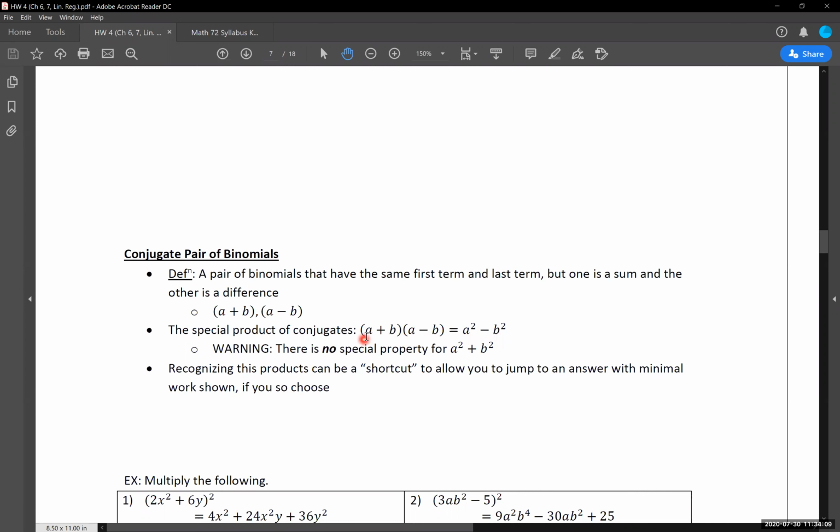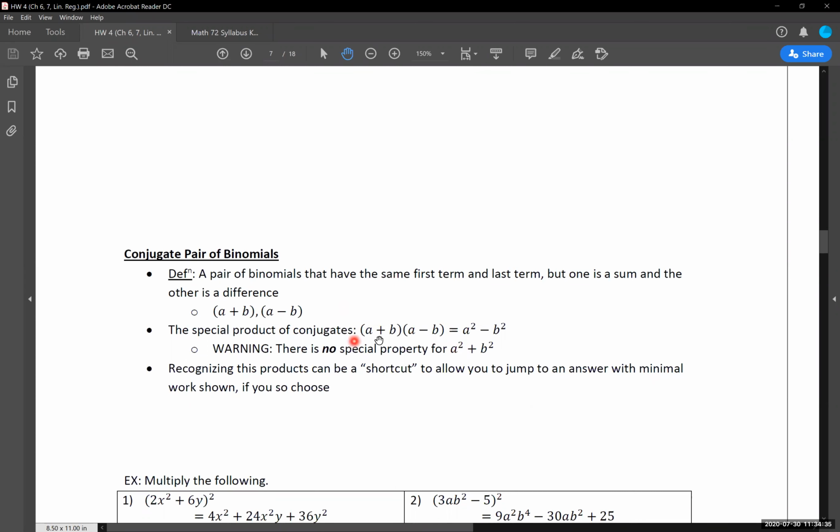So identify what the a term is, identify what the b term is, and then square them, and then you just get to your final answer. And this is always, always, always going to be the case. We'll go through some examples down below where I'll show you what this actually ends up looking like. But this is absolutely a special product you want to have memorized. It can save you a lot of time with having to write things out.